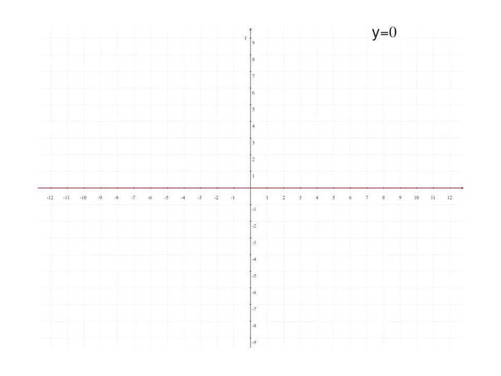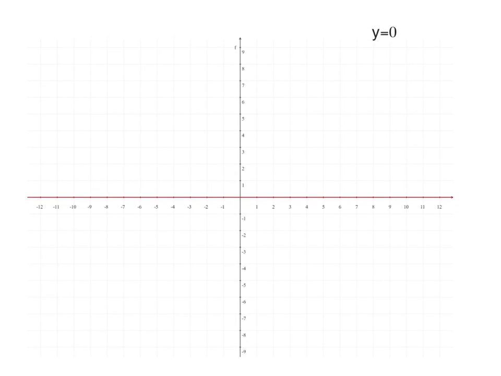So anyhow, you're going to be given some points. For example, I'm going to pick 3, 2. 3, 2 will be here. And then some other point, like -1, -2.